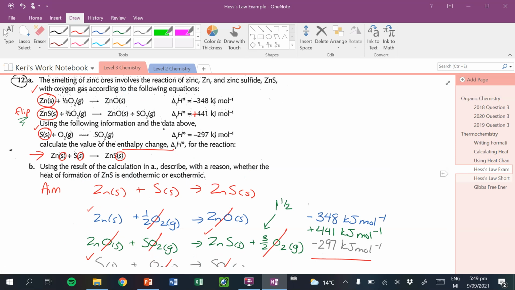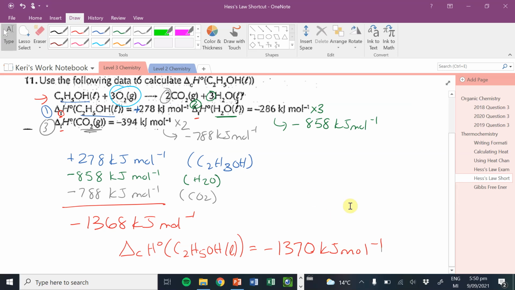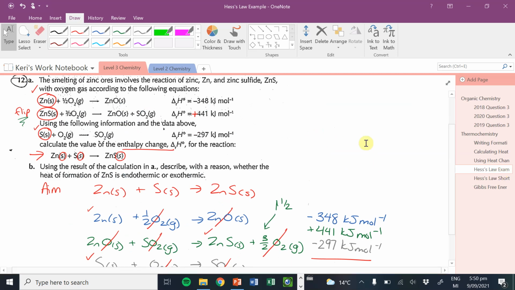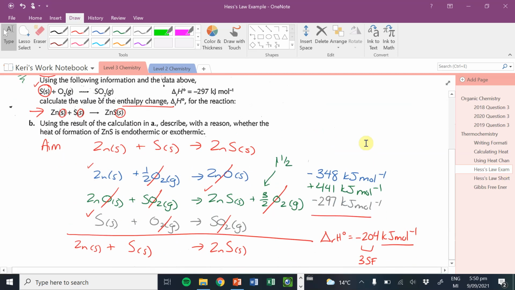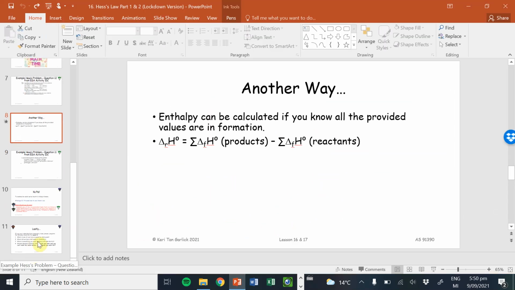Other times they won't be nice and you'll have to figure out the equations yourself as part of the steps. But that's what you're looking at for the second type of calculation. Personally, I think Hess's law is easier than the ones you were doing last week, because I feel this is less tricky. There's less language that you need to understand. You basically just need to go through and ask, how am I manipulating everybody?